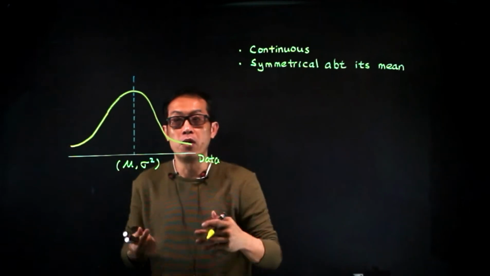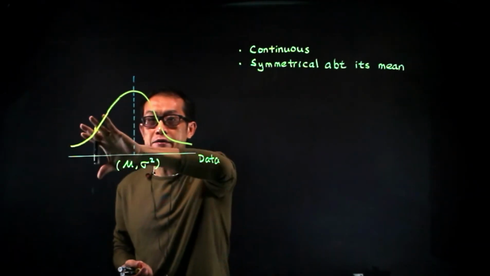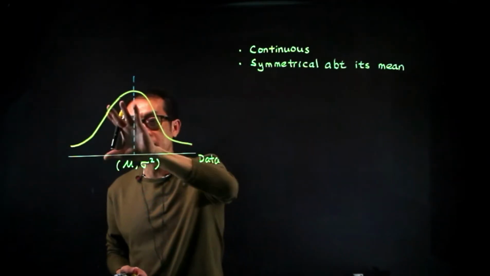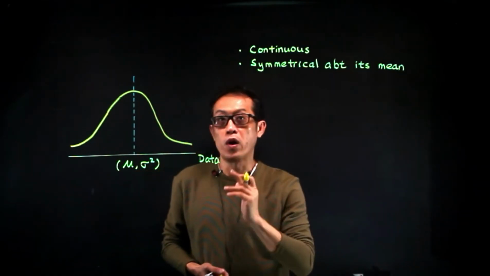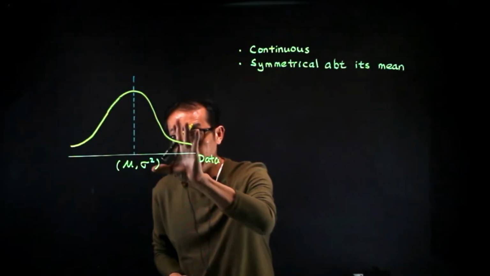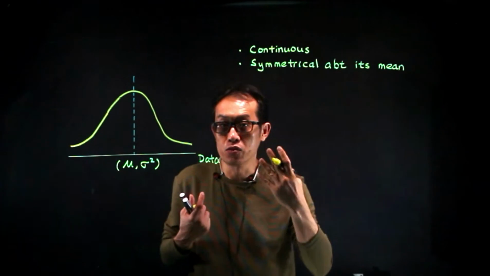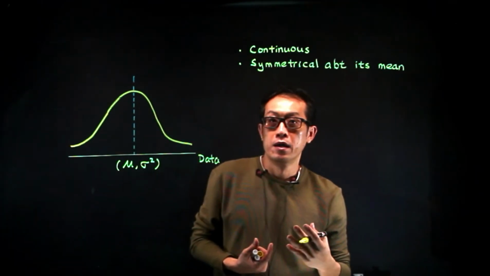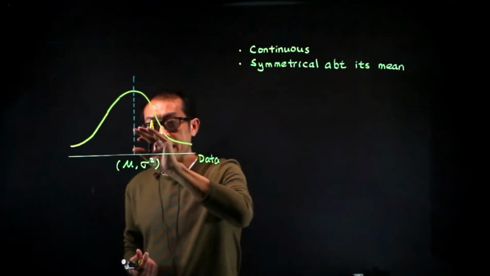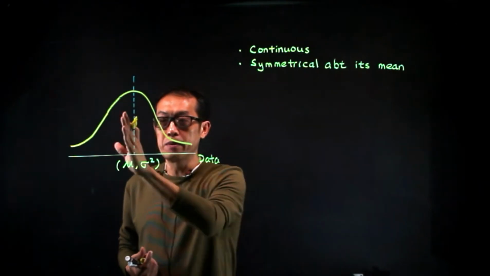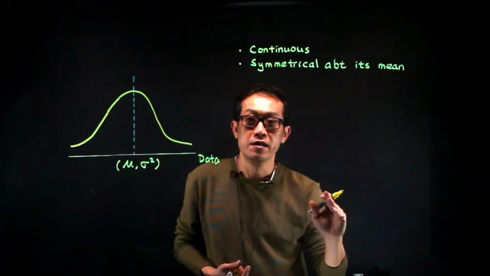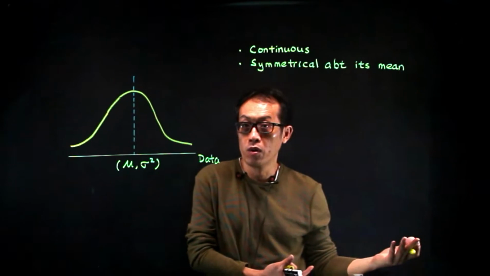But the whole area under the graph is 1, because the total probability is 1. So for a specific value, the probability is approximately 0 or close to 0.